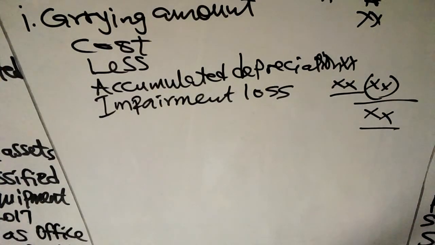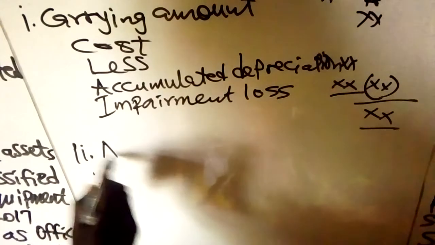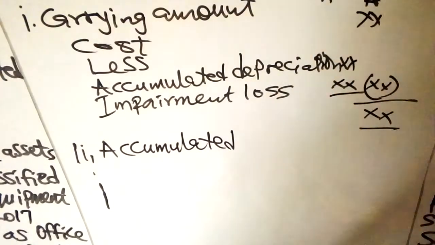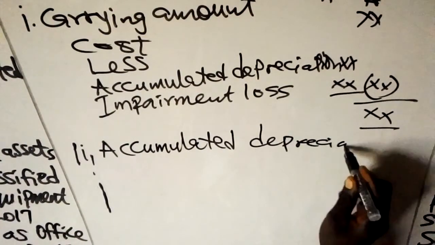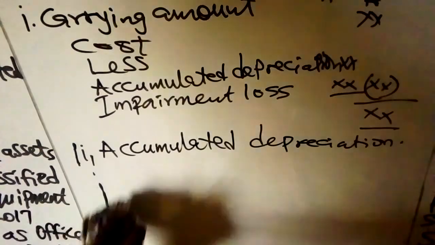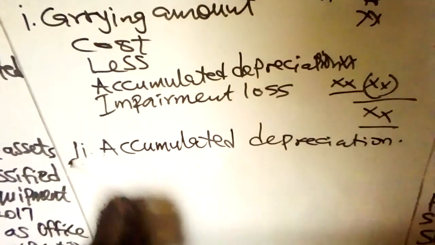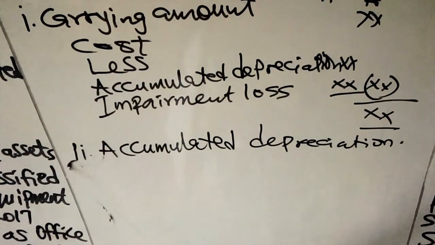Then the second one is accumulated depreciation. This is the total depreciation on the assets to date. Maybe depreciation is calculated on straight line.